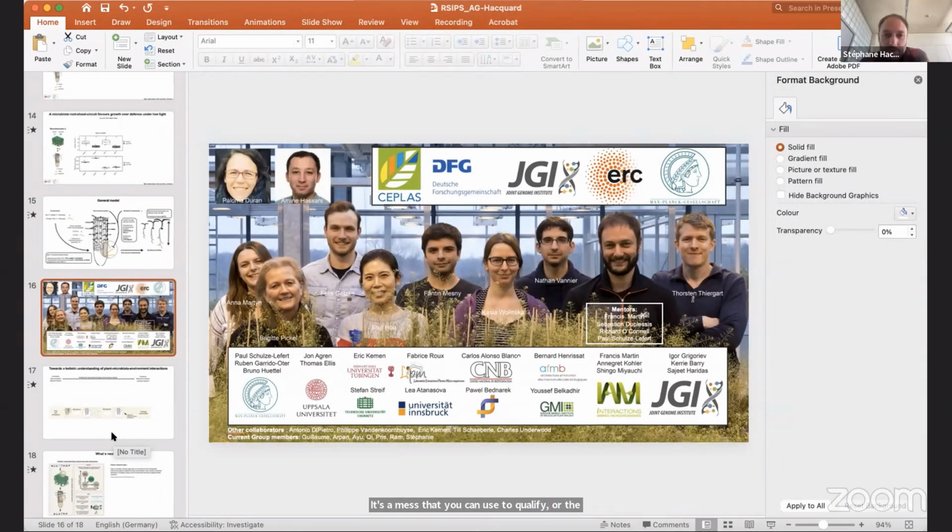Well, first of all, I think it's a very good point. In the experiments I showed, we mainly focus on normal conditions. We use peat and MS medium, but now we realize that, of course, plants and roots are not just this. They also interact with the leaf and with the soil, and there are connections along this root-shoot axis that we call.